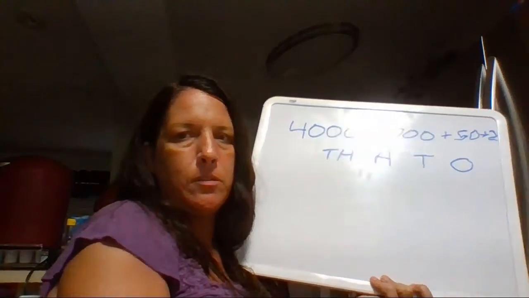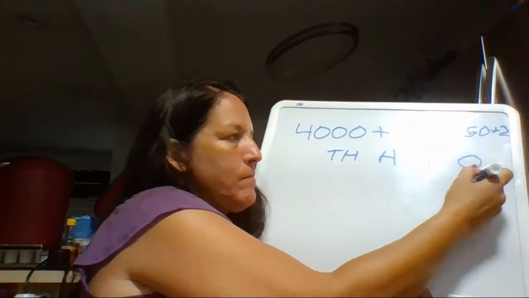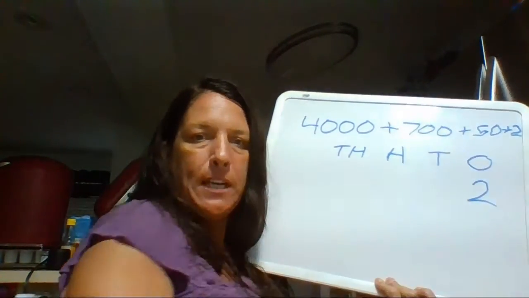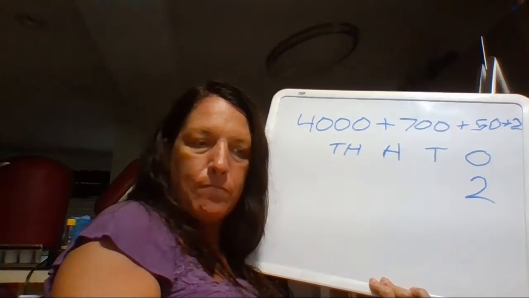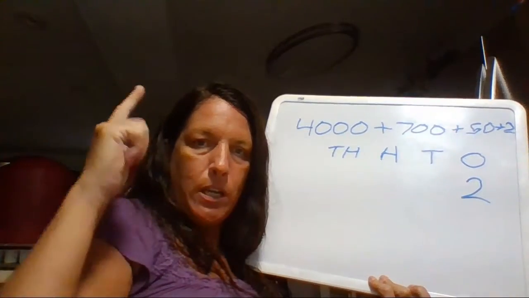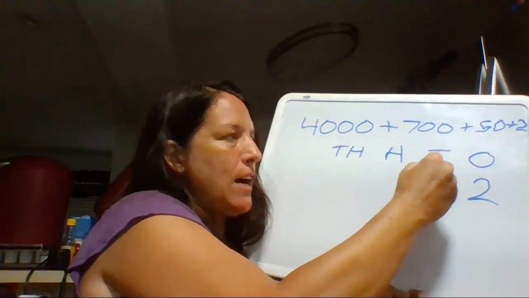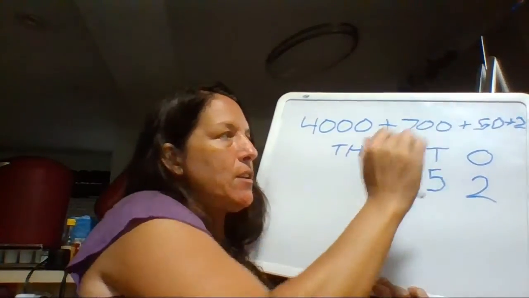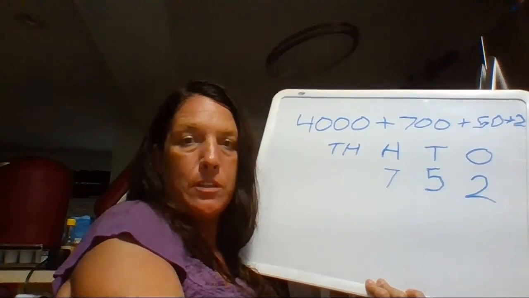Let's go backwards. How many ones do we have? 2. How many tens do you need to make 50? How many of the 10 blocks would you need to make 50? 10, 20, 30, 40, 50. You'd need 5 of them. 5 tens makes 50. 700. We'd need 700 blocks to show 700.